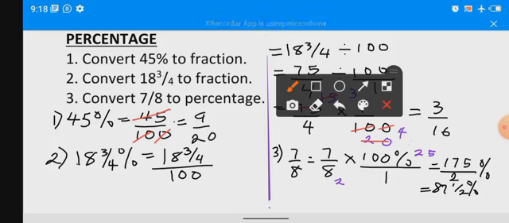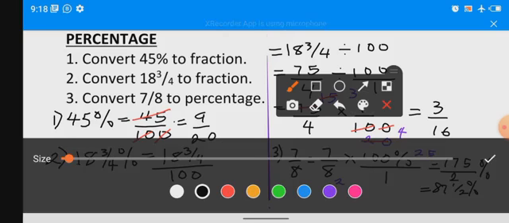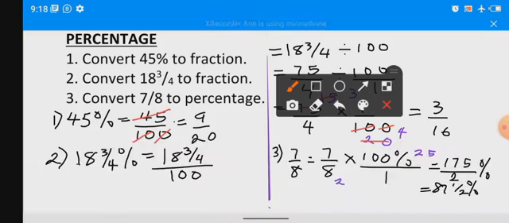Okay, when we say percent, it implies per 100. Percent, cent is 100.